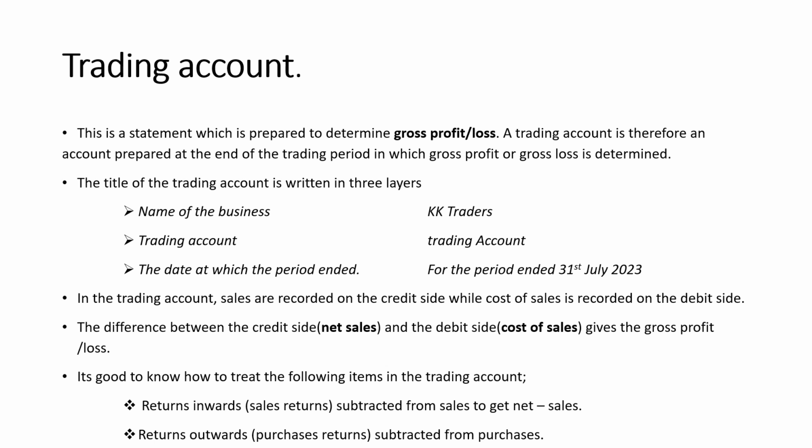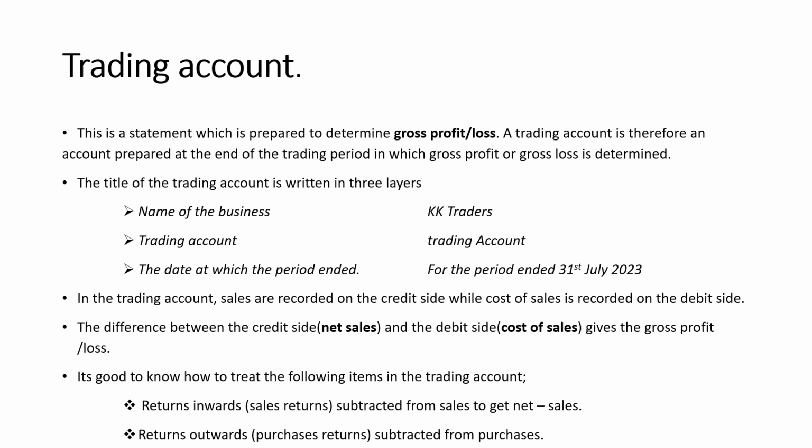For instance, if you check there on the right side, we have a business by the name KK Traders. So if you are asked to do a trading account for KK Traders, then you'll start with the name of the business, KK Traders, trading account for the period ended 31st July 2023.